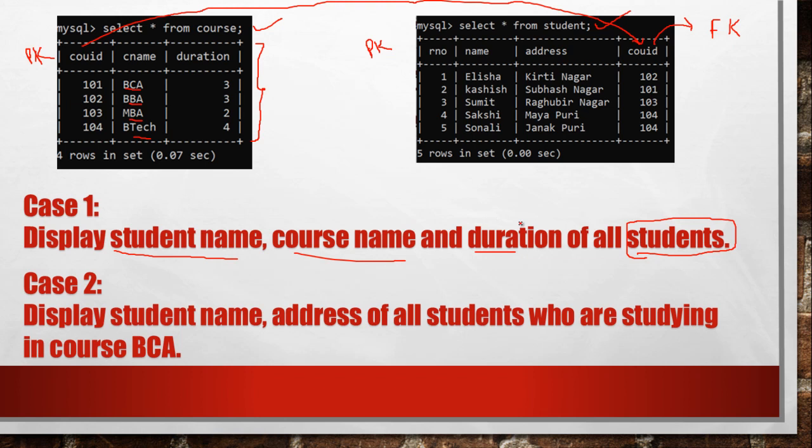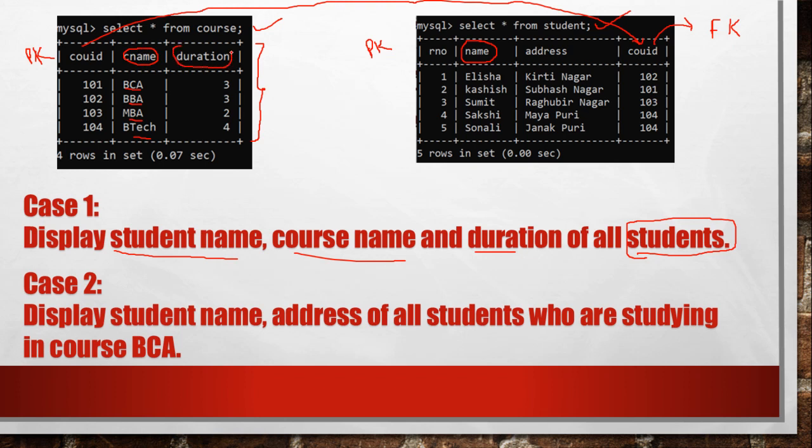When you see both tables, the student name is present in the student table, but the course name and duration are not present there; they are present in a different table, the course table.